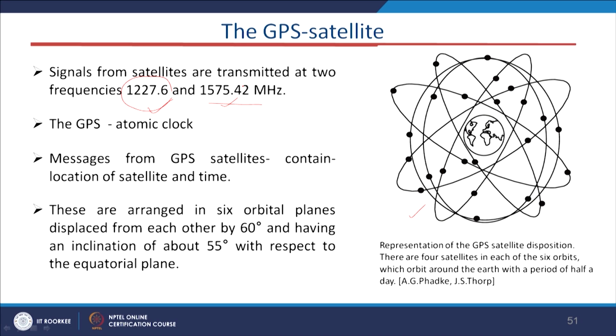These satellites are arranged in 6 orbital planes, displaced from each other by 60 degrees, and having an inclination of 55 degrees with respect to the equatorial plane. So, there is a certain arrangement for the GPS so that we can cover the whole network nicely and properly from our operational point of view.